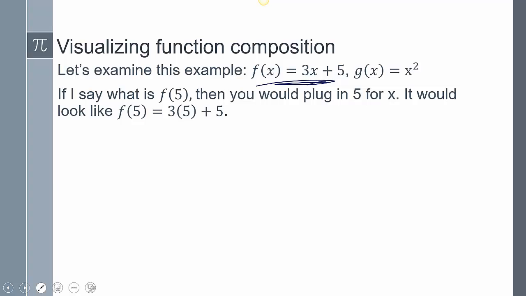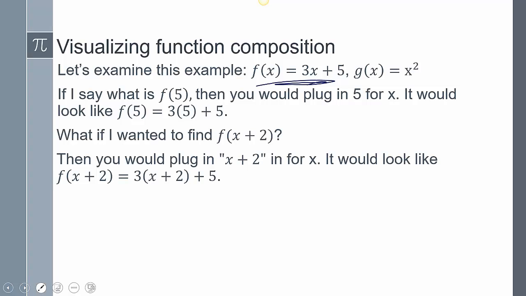That would be f of 5. Now, what if I want f of x plus 2? That means I would take this x plus 2 and plug it in for x into my function. So instead of writing 3x plus 5, I would write 3 times the quantity x plus 2, plus 5.